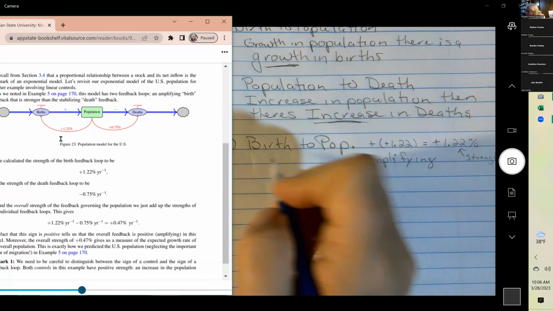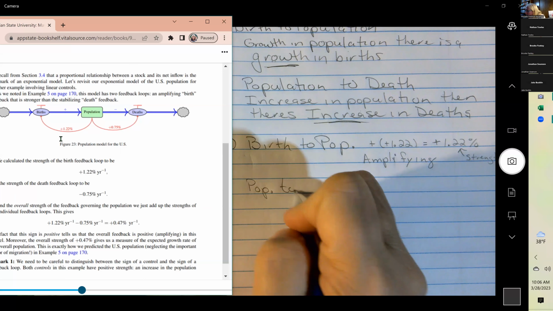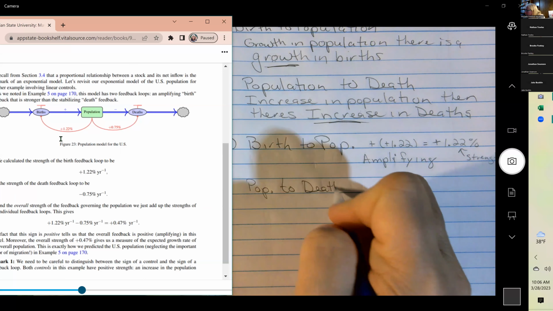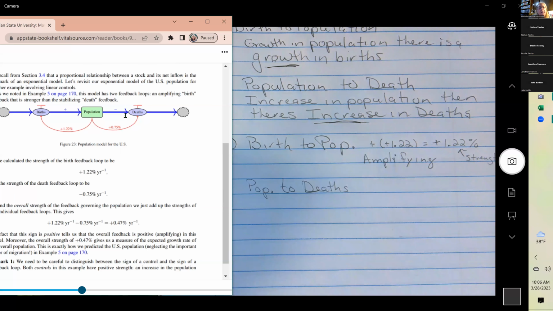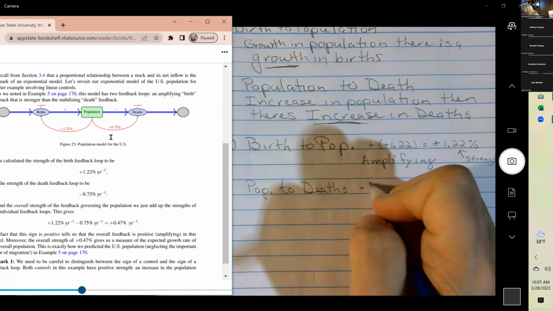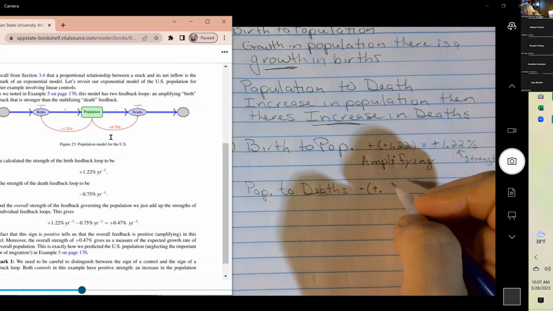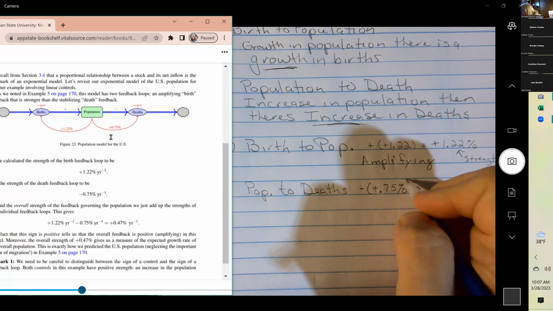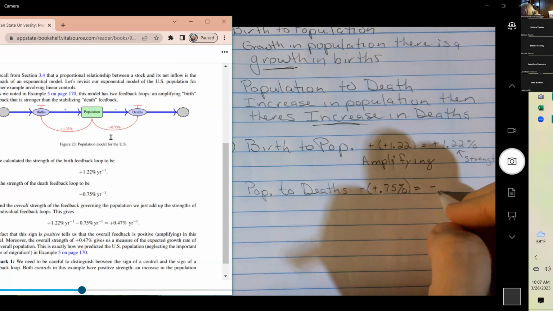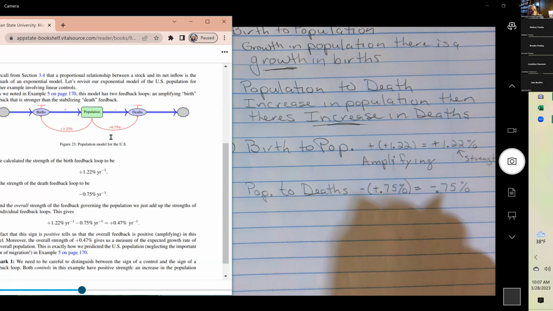Population to death relation. Multiplying those, we have a negative times a positive. So strength 0.75.